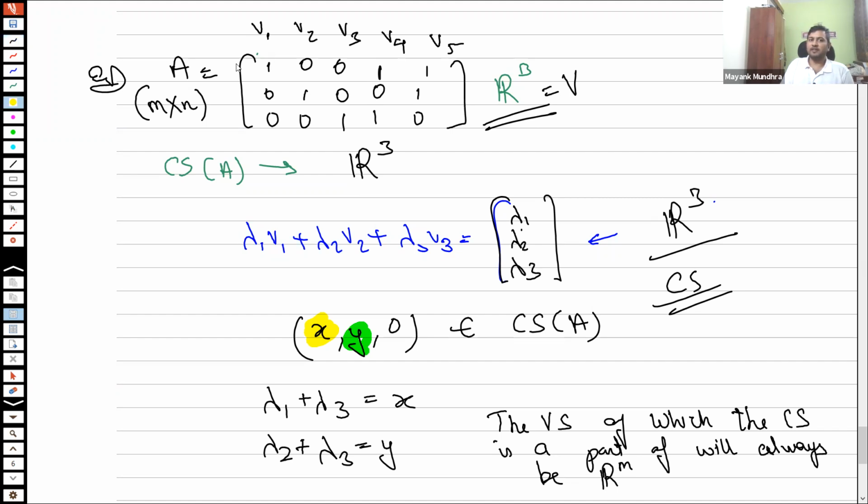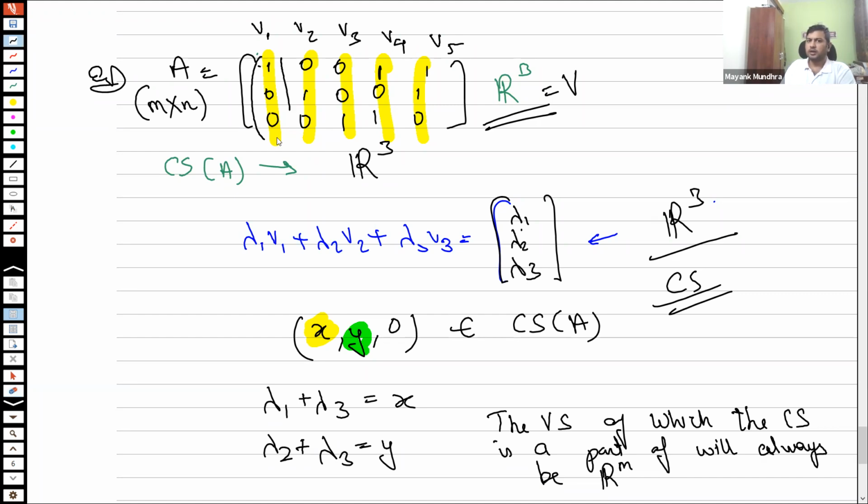I still have 5 vectors, 1 2 3 4 5, but each of these vectors is still from R cube. So any linear combination of them will continue to be in R cube. All right. So you can take two vectors or you can take five vectors. Or you can take 100 vectors. As long as the number of rows is 3, the column space will always belong to R cube.